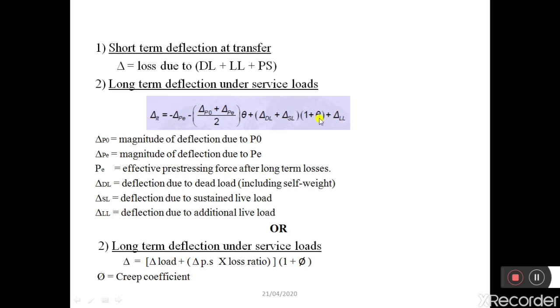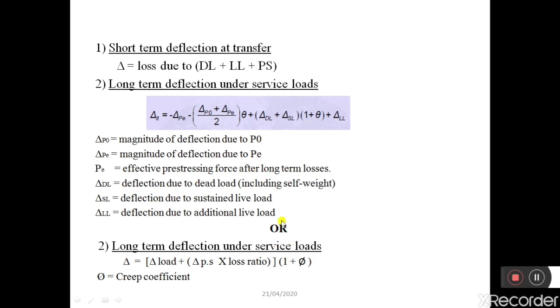All the terms are explained. This formula is used when we are going to consider the different losses. For example, a question is given to calculate a long-term deflection, and in that question they have given a creep coefficient, a shrinkage coefficient, and a loss due to relaxation of steel. Then we calculate the different losses, and in such a condition we can use this formula.